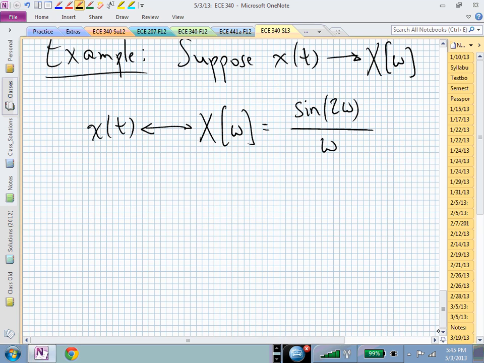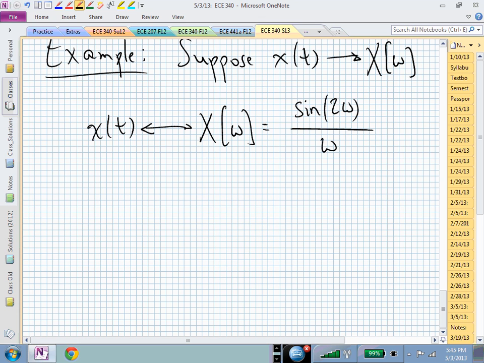Maybe they don't even give you x of t, but you should be able to find it. Based on that sine of x over x, you should be getting a pulse out in the time domain for little x of t.